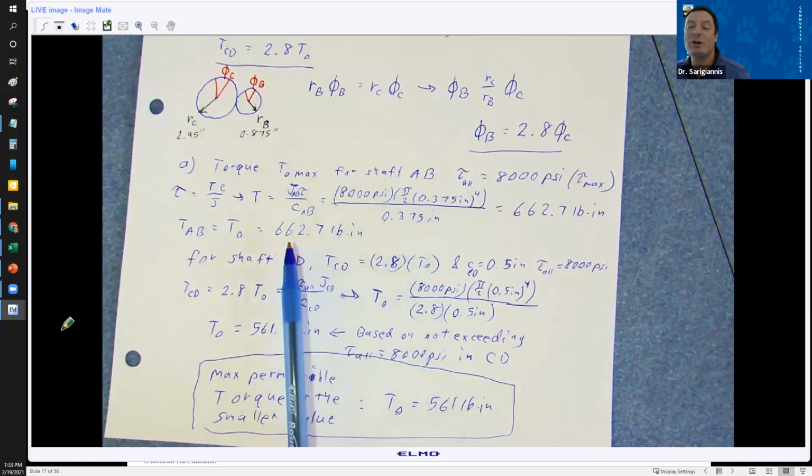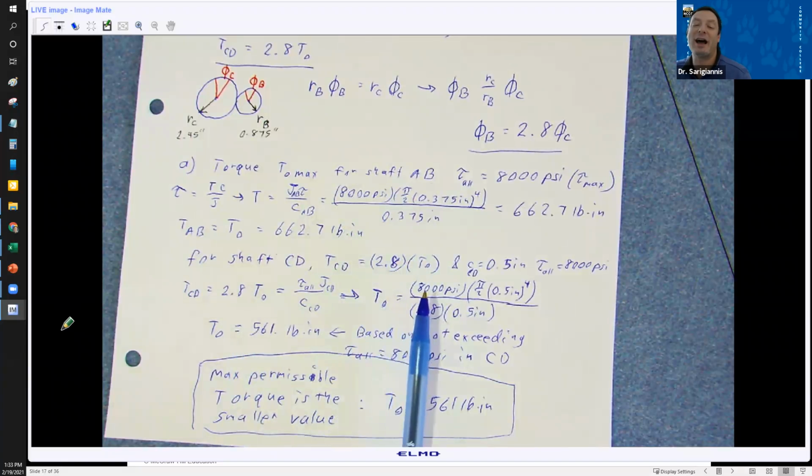However, if you go to 662 pound-inch of torque, it's going to be a higher shear stress than 8,000 PSI in CD, because it's 2.8 times that.